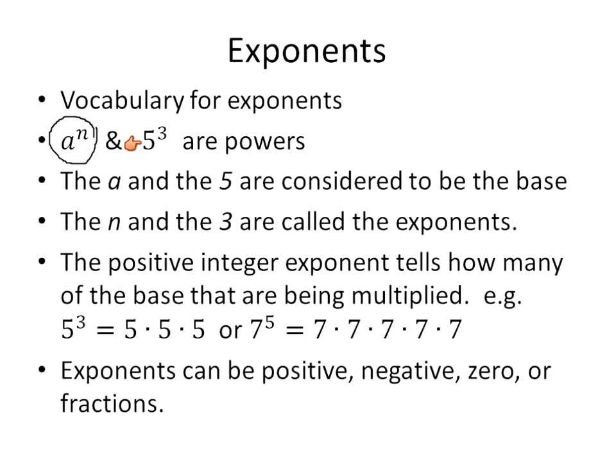Next thing is that the n and the 3 are called the exponents. So this n is an exponent, and the 3 right here is an exponent. So you're getting some information about what those things are.